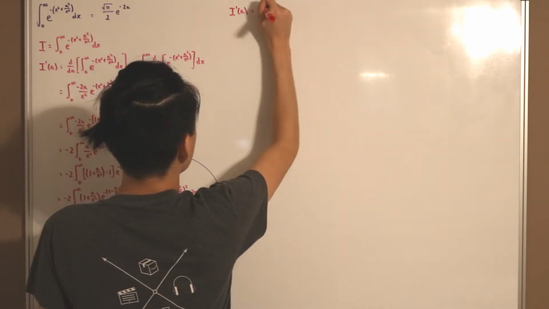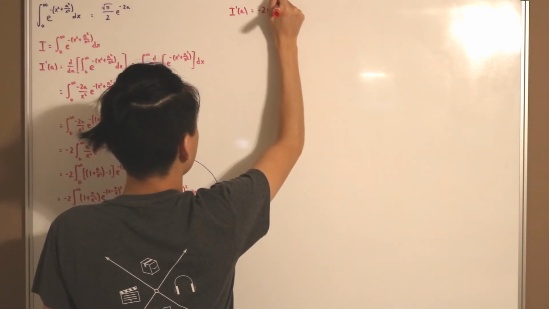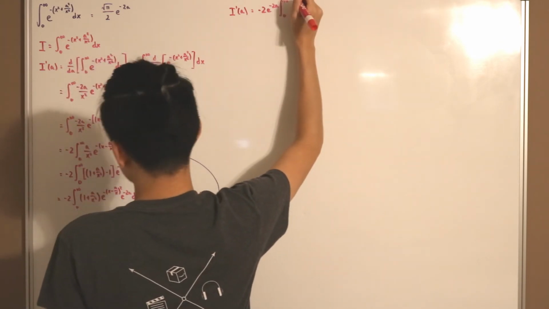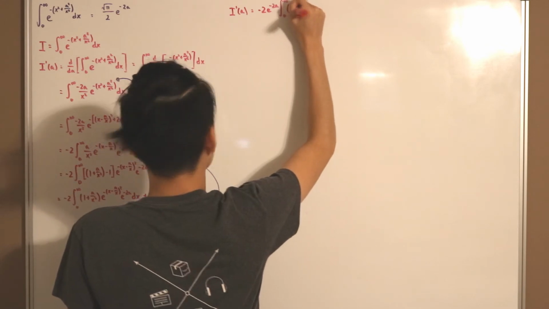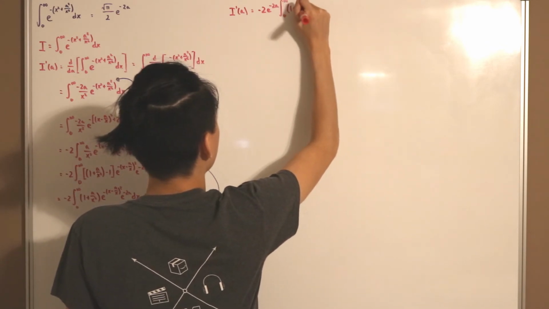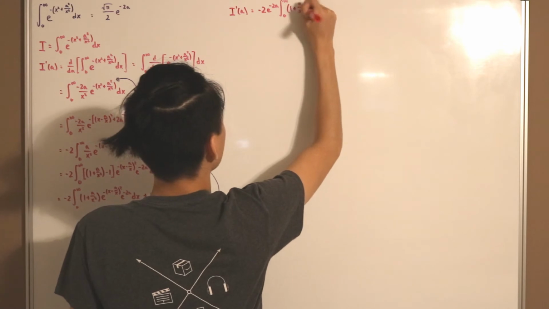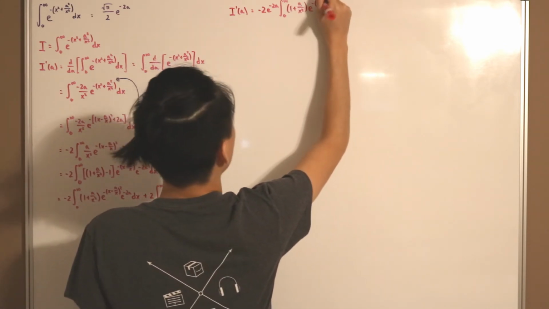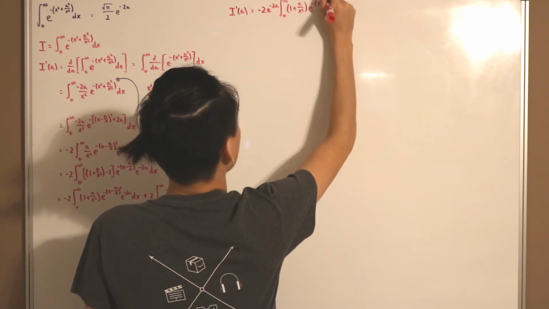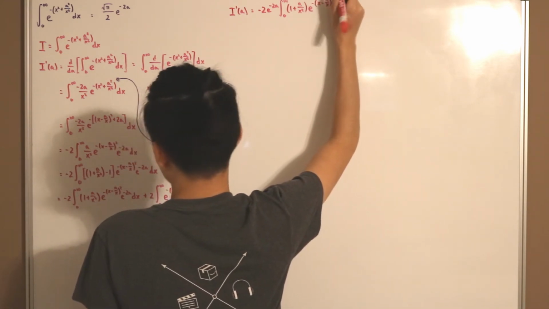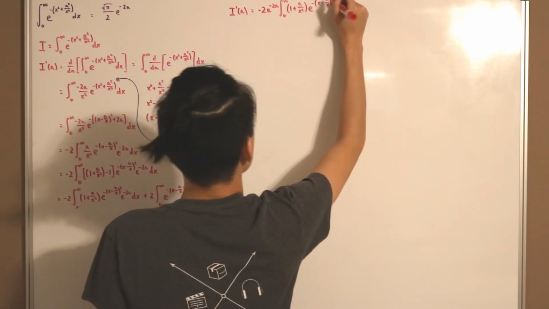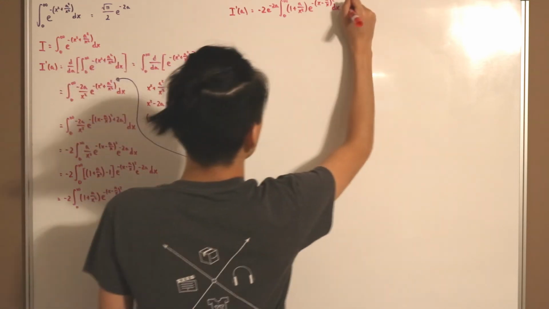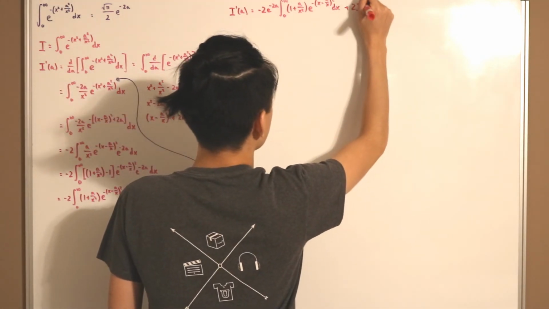So this is negative 2 e to the negative 2a, and the integral from 0 to infinity of 1 plus a divided by x squared, then e raised to the negative x minus a over x squared dx, and then plus 2 times I of a.